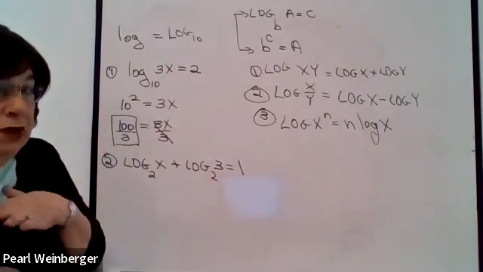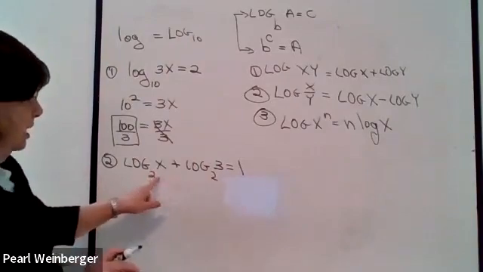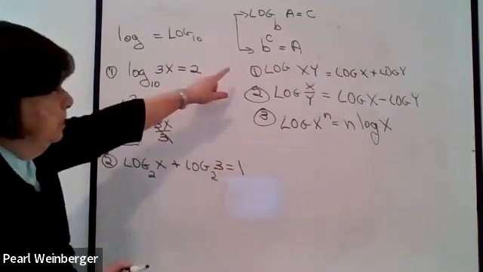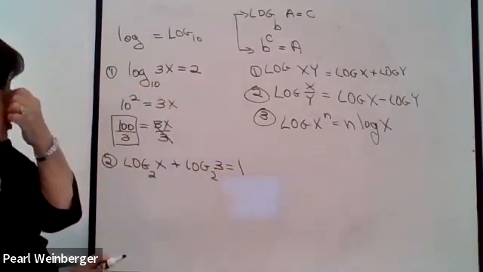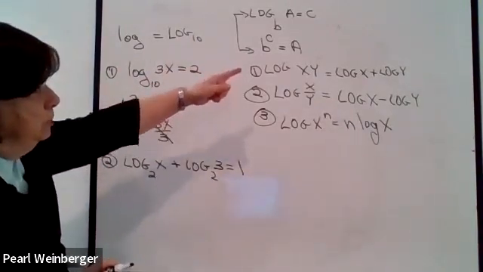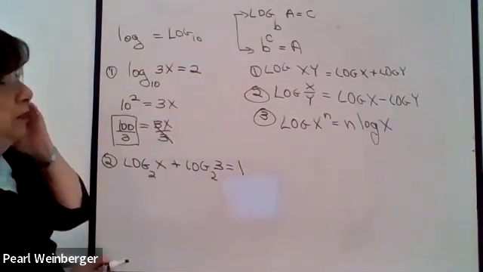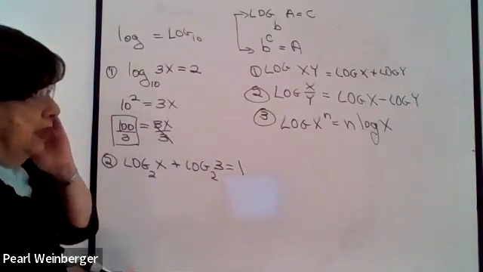But remember, working with logs is not the same as working with numbers. I can't just add these 2. So I go back to this rule. I know that when I have 2 numbers being multiplied, if I have x times y, then what I do to their logs is I add them.